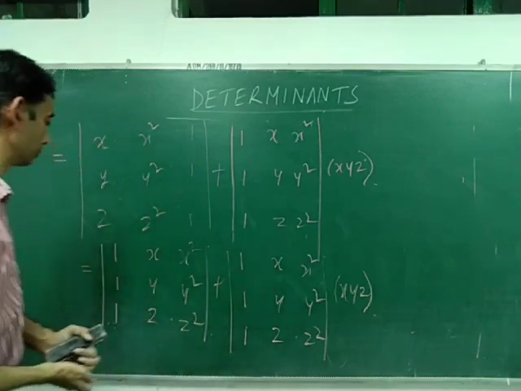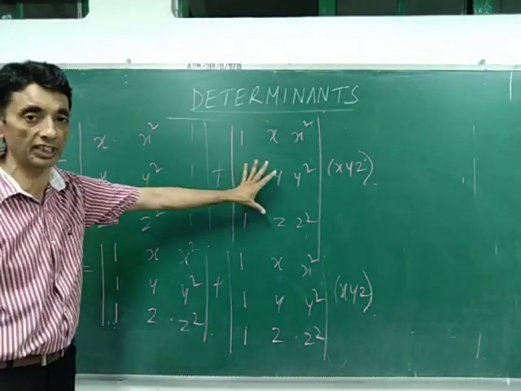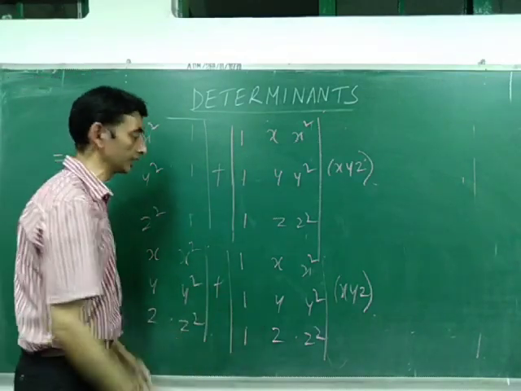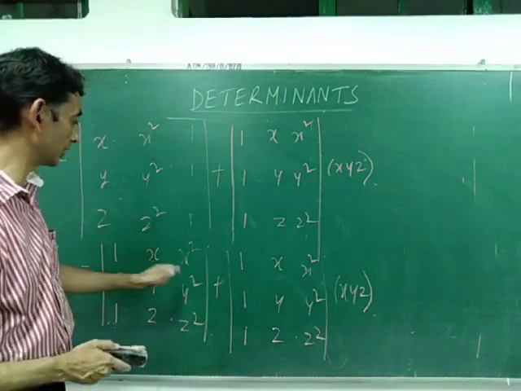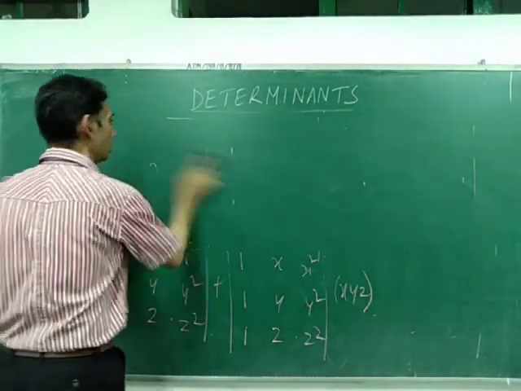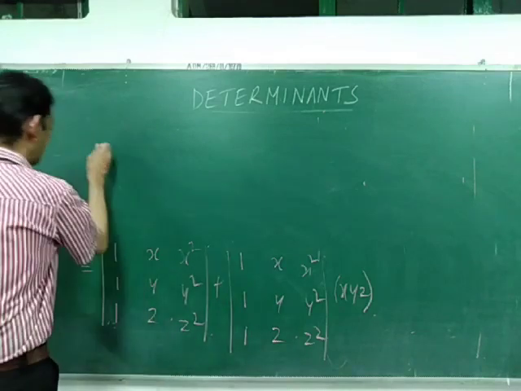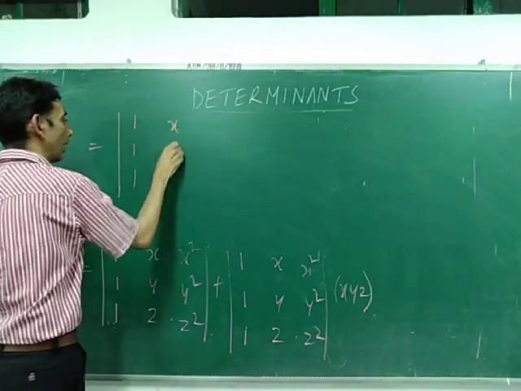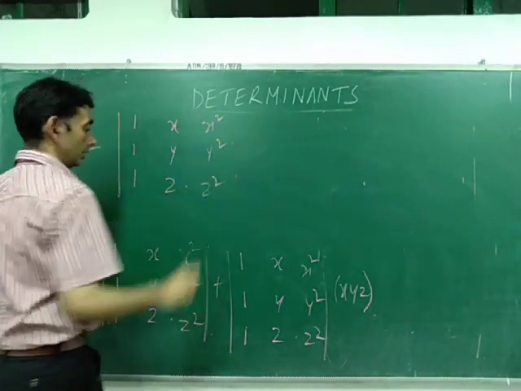Maybe now it's clear to you why this one had to be changed into this form. That is the big benefit we get now. Have you seen that both the determinants are the same? So we are going to take this determinant common. If we take this determinant common, what are we going to get? We take one determinant common, so it will be 1, 1, 1, x, y, z, x squared, y squared, z squared.